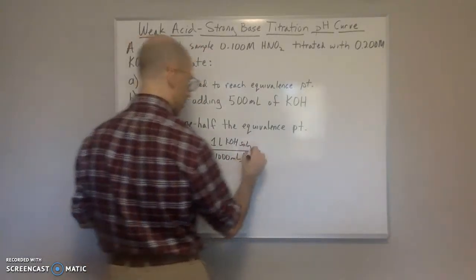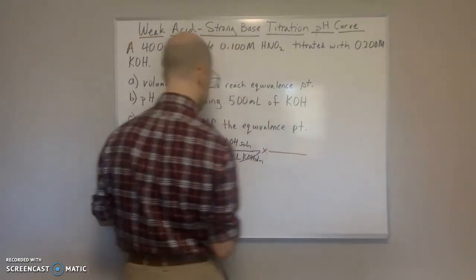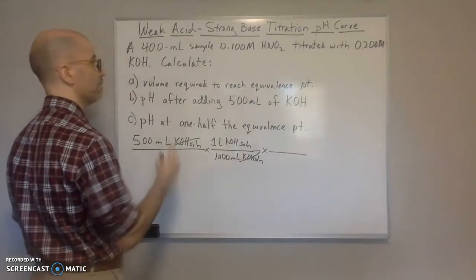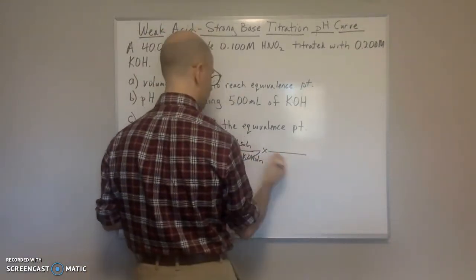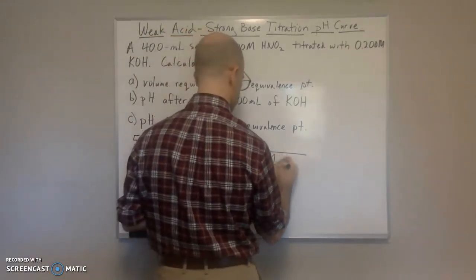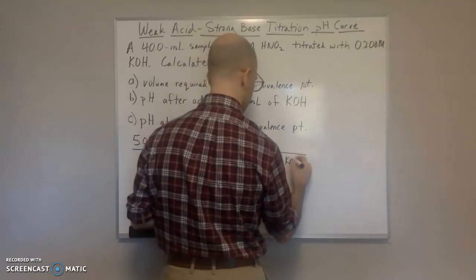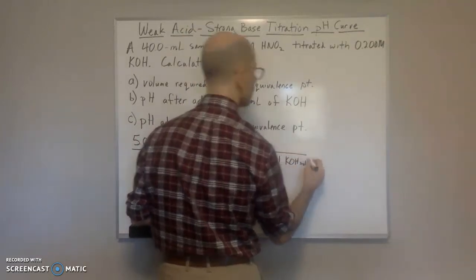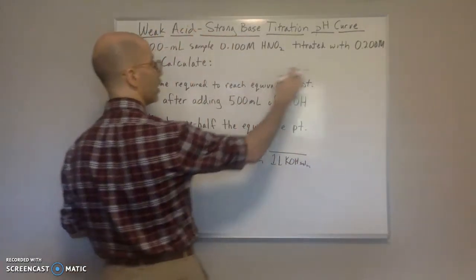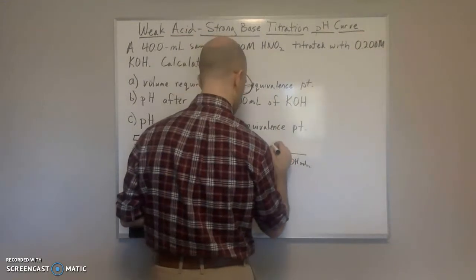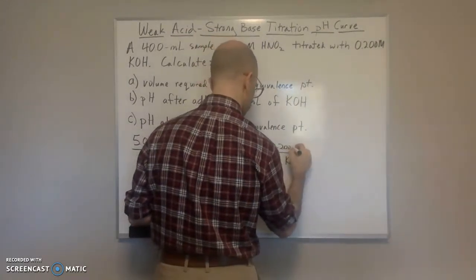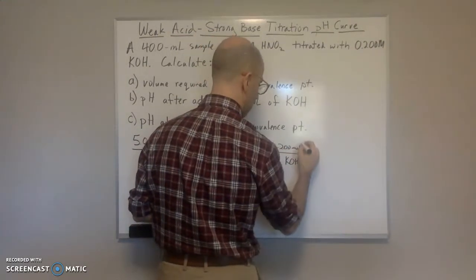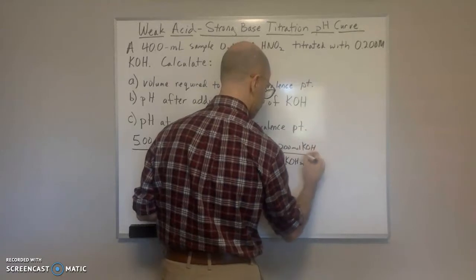Milliliters cancels out, and then we can use the molarity. Liters is on the bottom, so 1 liter of KOH solution yields 0.200 moles of KOH.